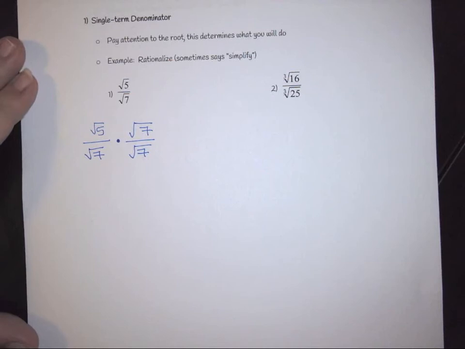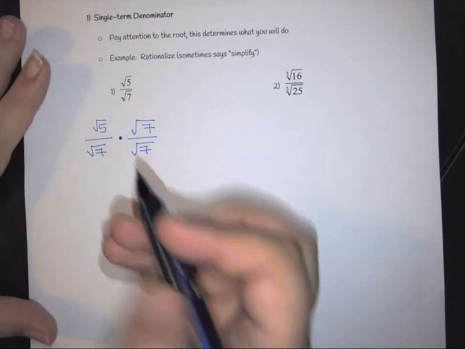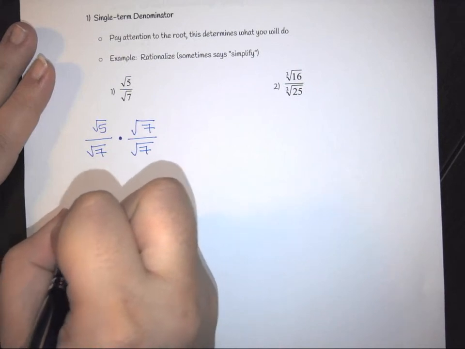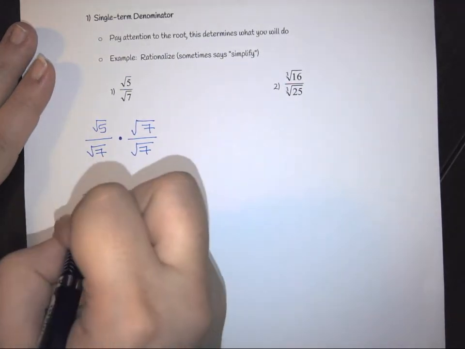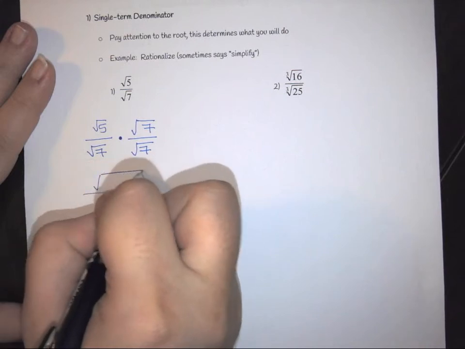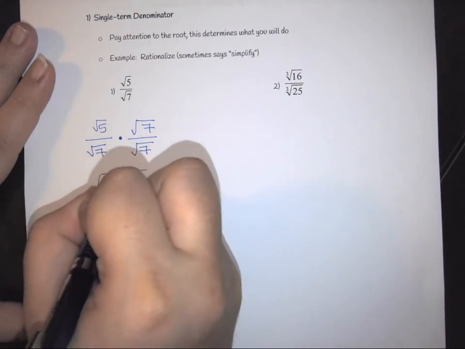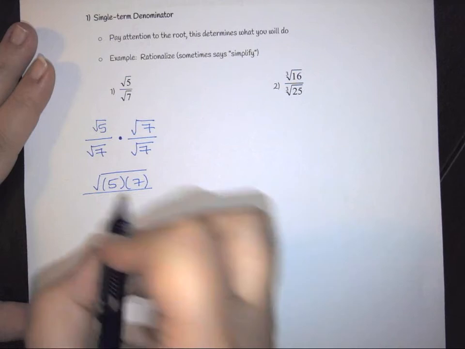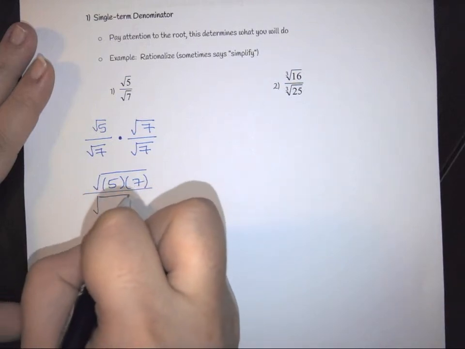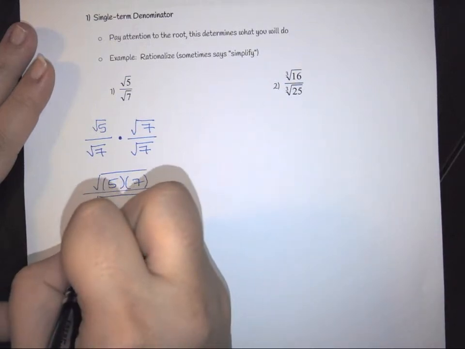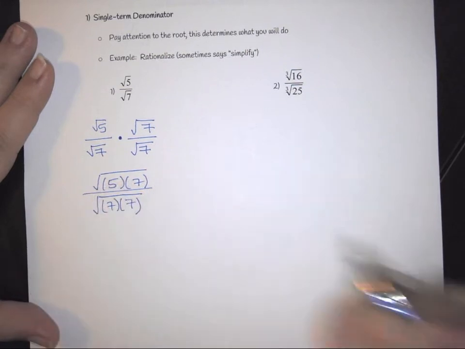Now with our multiplication rules, we know that as long as your index is the same, you can take two radicals and combine them under a single radical through multiplication. So here, I have one fraction where on the top I've got the square root of 5 times 7, and on the bottom a single radical of 7 times 7.